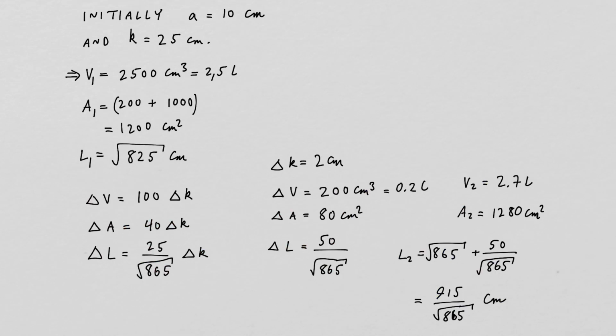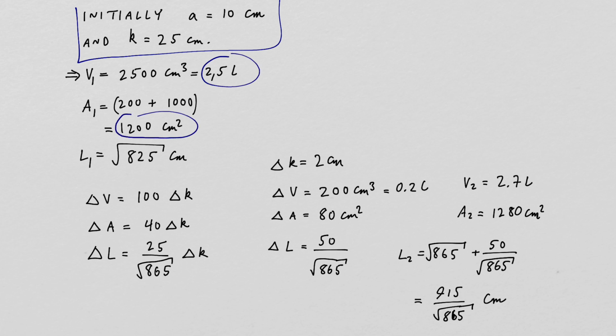If we would be initially in this situation, we would have the volume 2.5 liters, surface area 1200 square centimeters, and this would be the length of the space diagonal.